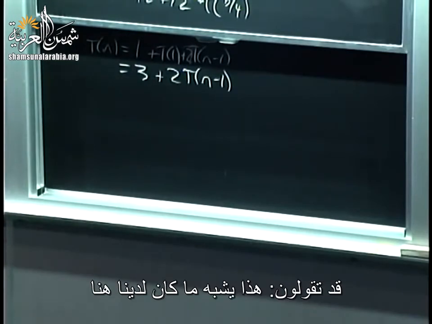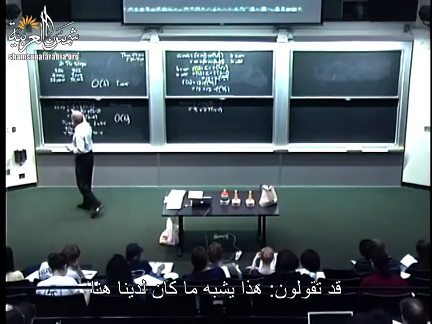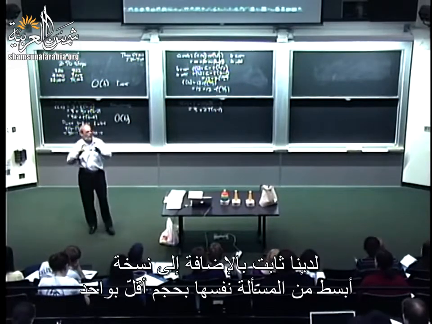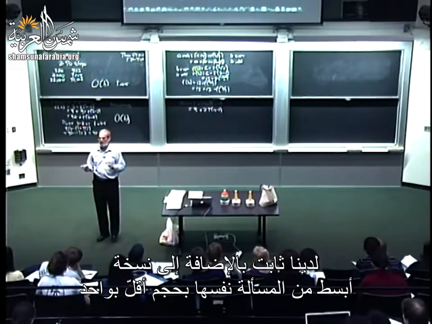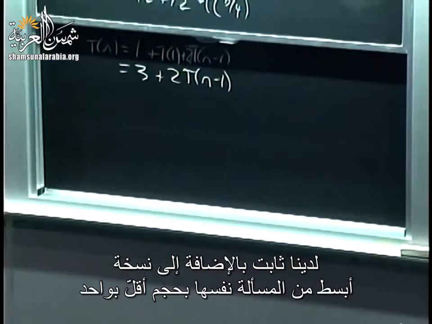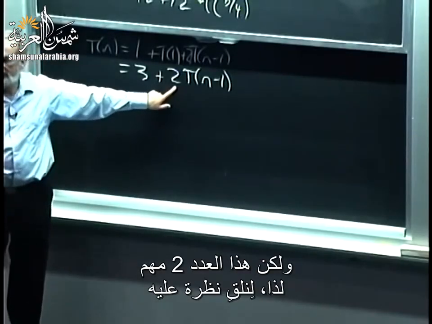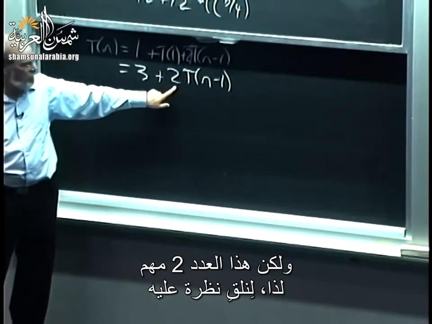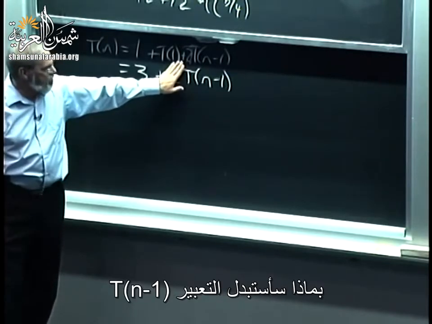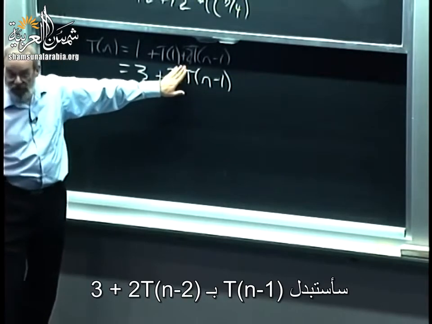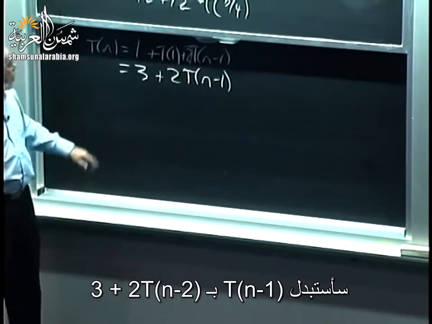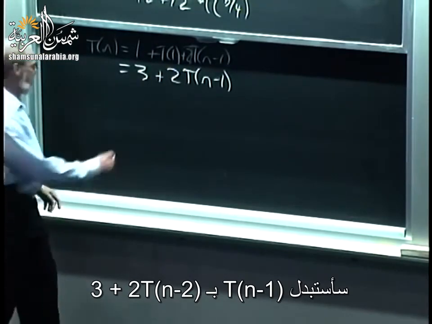Now, you might look at that and say, well, that's just a lot like what we had over here, right? We had some additive constant plus a simpler version of the same problem reduced in size by 1. But that, too, matters. So let's look at it. How do I replace the expression for T of n minus 1? Substitute it again. T of n minus 1 is 3 plus 2 T of n minus 2.